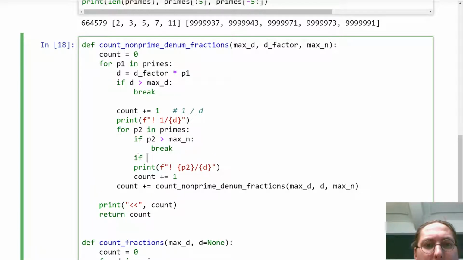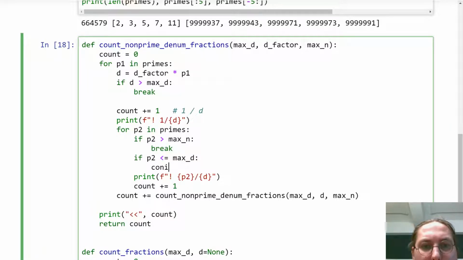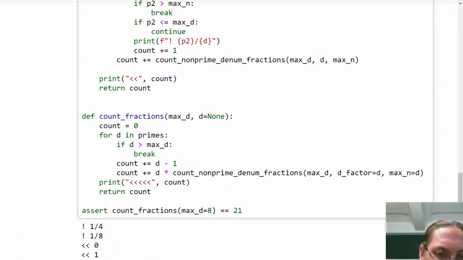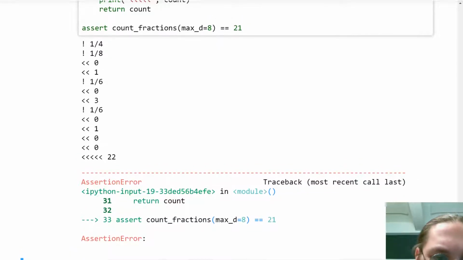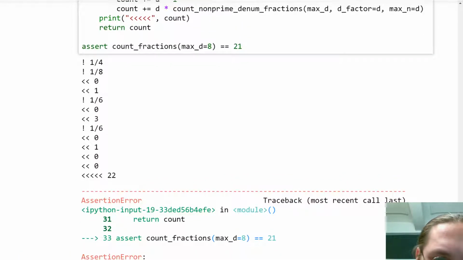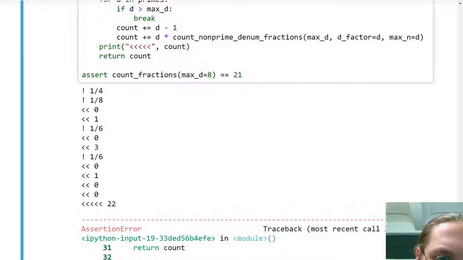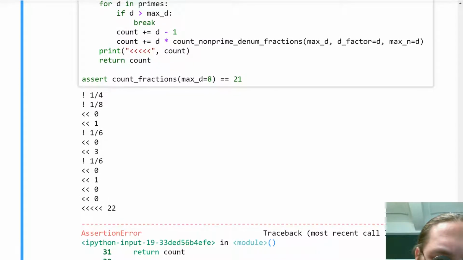Count non-prime denom and non co-primes, of course. Co-prime. Yeah, I'm off by 1. Where? Plus 1. For 8 it is 21. Yeah.